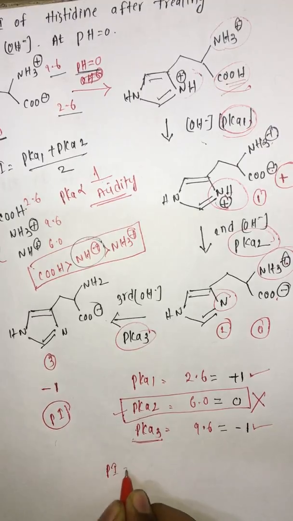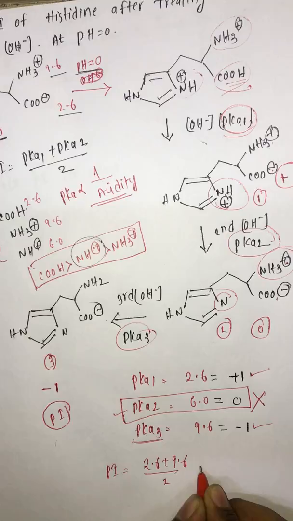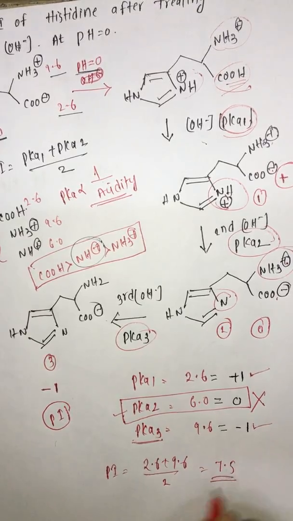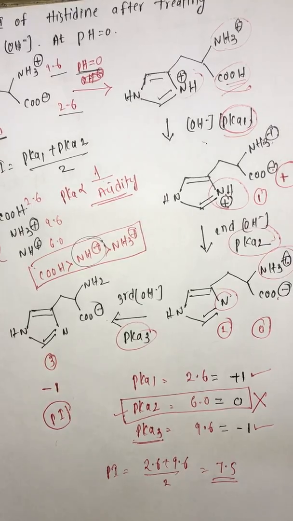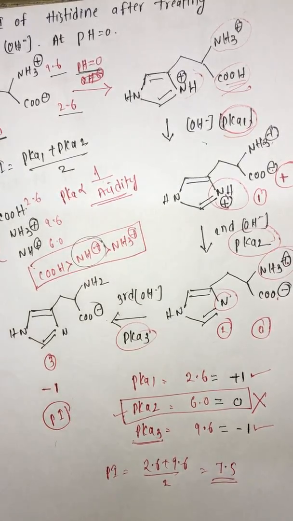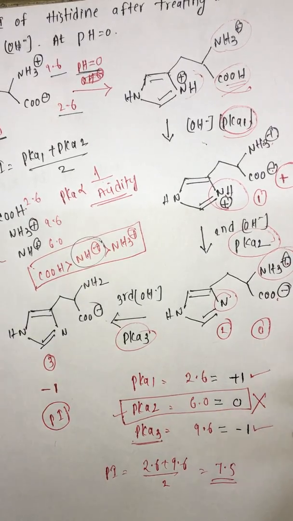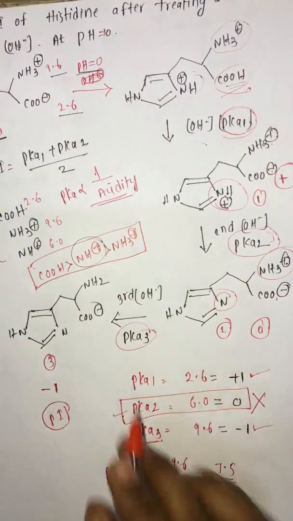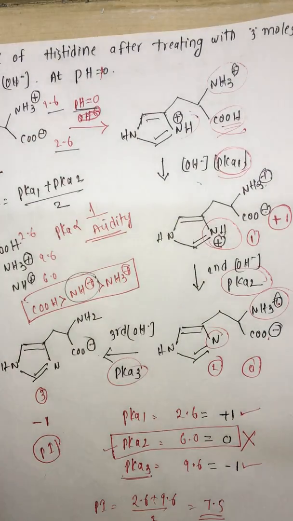Now pI is equal to (2.6 plus 9.6) by 2, and the answer comes around 7.5. So this is the isoelectric point of histidine at pH 0. It's very simple, just whatever pH he gives. Imagine that he has given pH 10, so now what will happen?